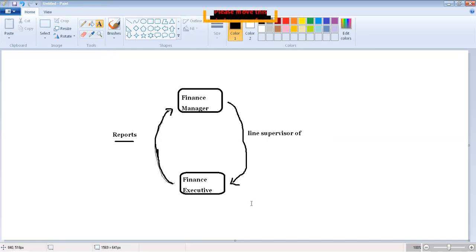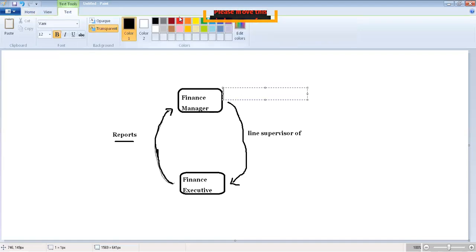So here the finance manager is actually a position. It is nothing but a position. And finance executive is nothing but a position.